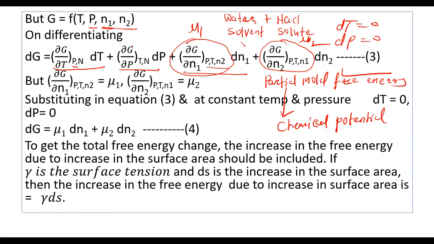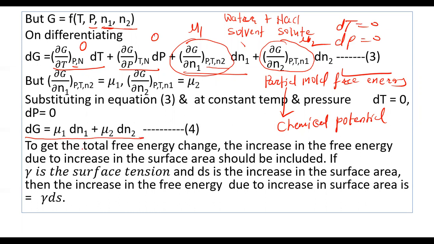So in equation 3 the first two terms are 0, because dT equal to 0 multiplied by that term gives 0, and the same for the pressure term. Therefore equation 3 can be written as dG equal to mu1 dN1 plus mu2 dN2. This is our equation 4.